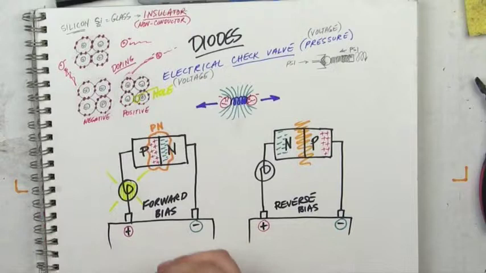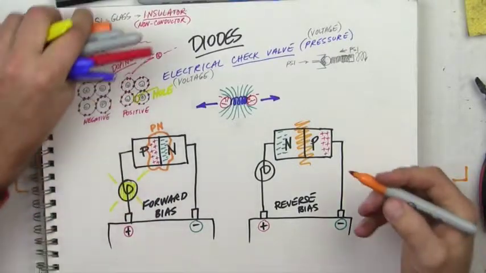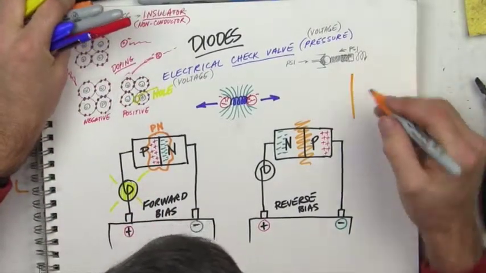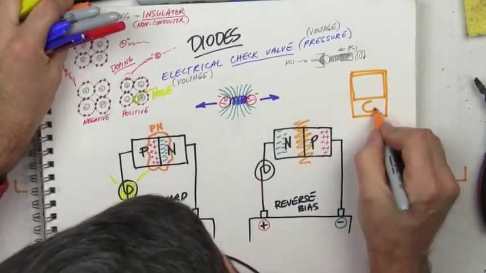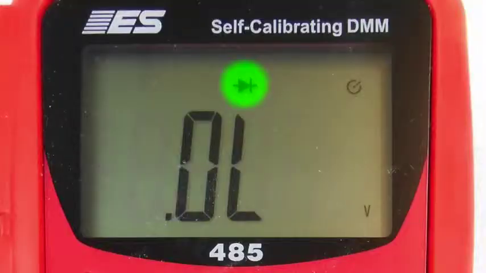Okay. So when we test a diode with the diode test function, okay, so we take our meter, right, and we put our meter on diode check. We do not put it on ohms. We put it on diode check.